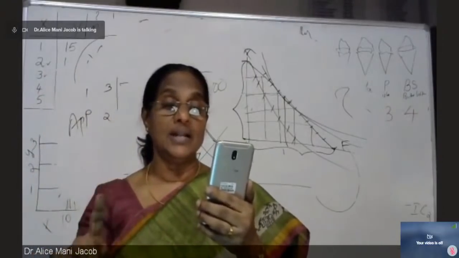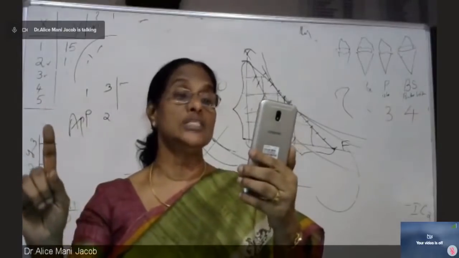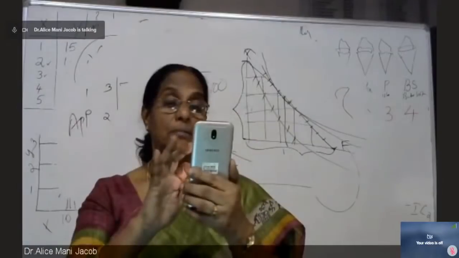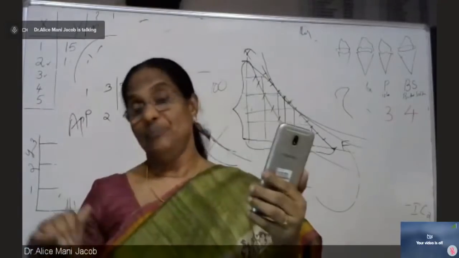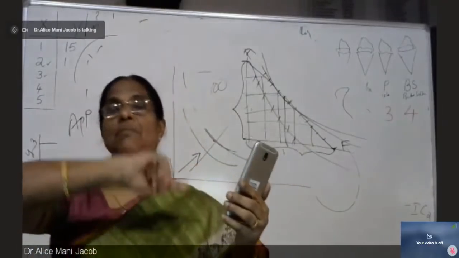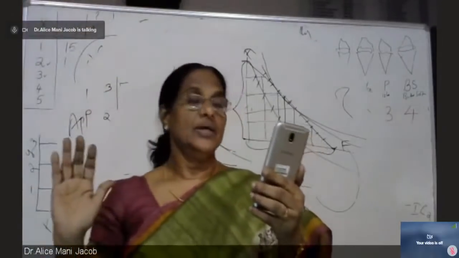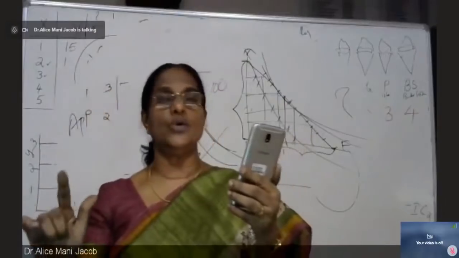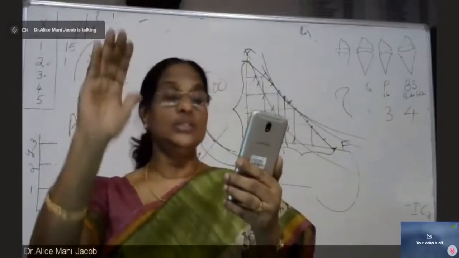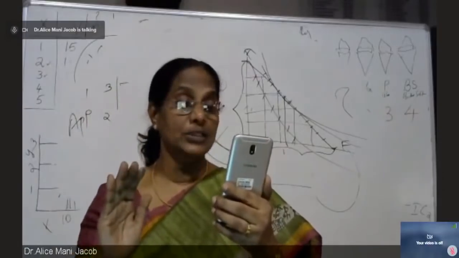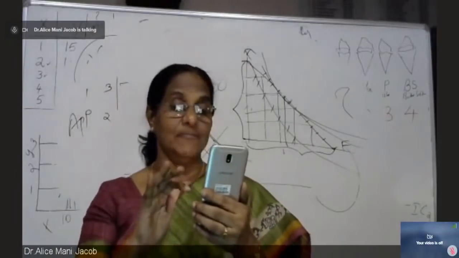That's why income elasticity of demand for normal goods is positive and for inferior goods it is negative. Point of satiety is the maximum utility point. That is when MU is equal to 0, total utility is maximum, and that is the point of satiety.